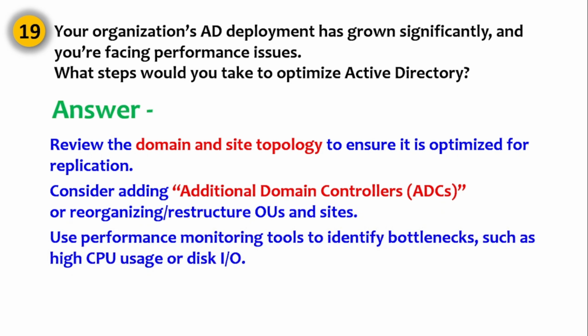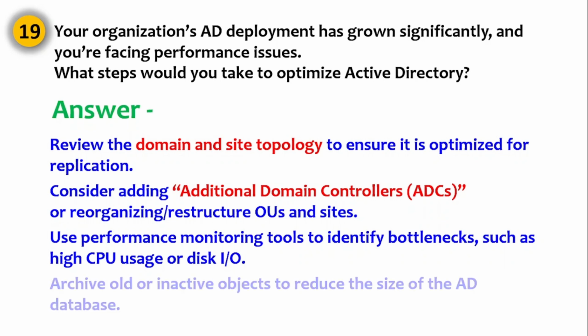We can also use performance monitoring tools to identify bottlenecks such as high CPU usage or disk IO, and we also need to archive old or inactive objects to reduce the size of the Active Directory database. So these are some of the considerations we can take. There can be a lot of other considerations as well.